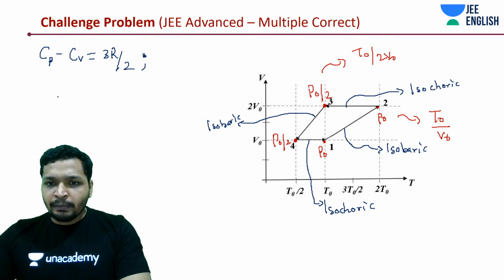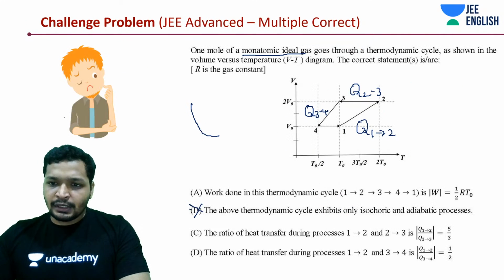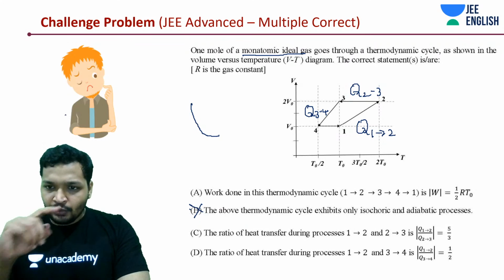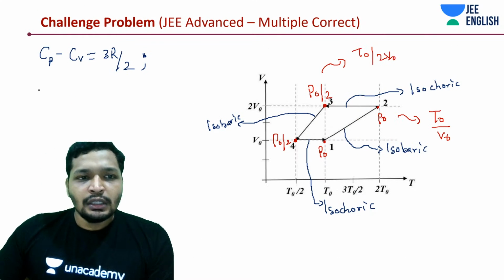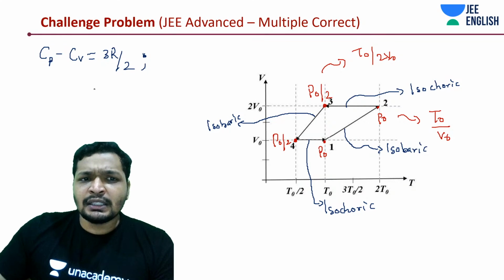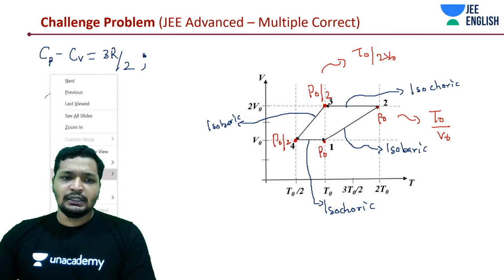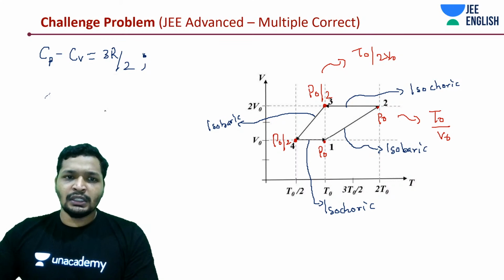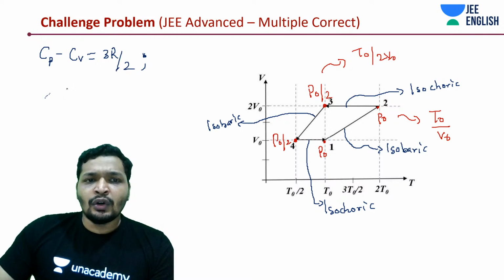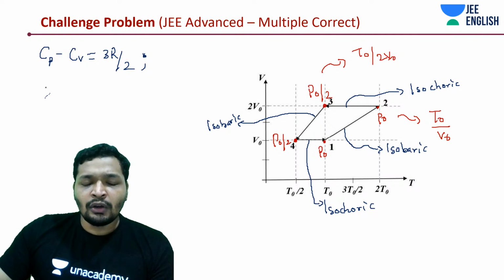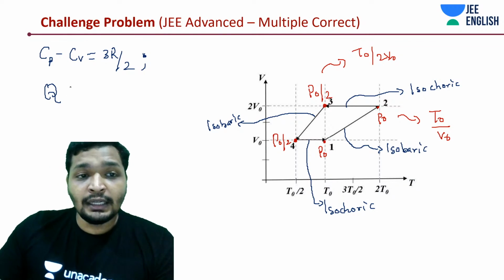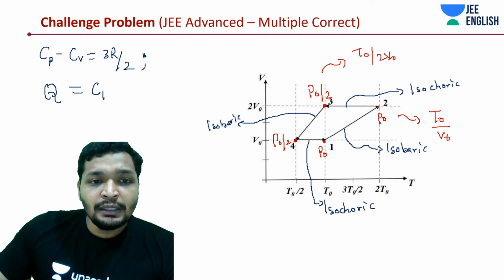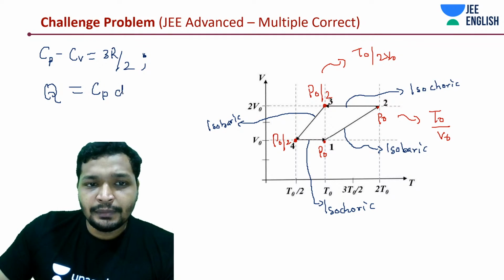Q1 to 2 is isobaric, so for a single molar gas it's basically CP dT. Work done is different; heat is CP dT.